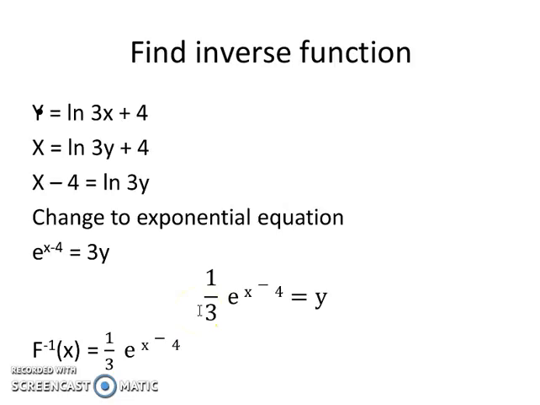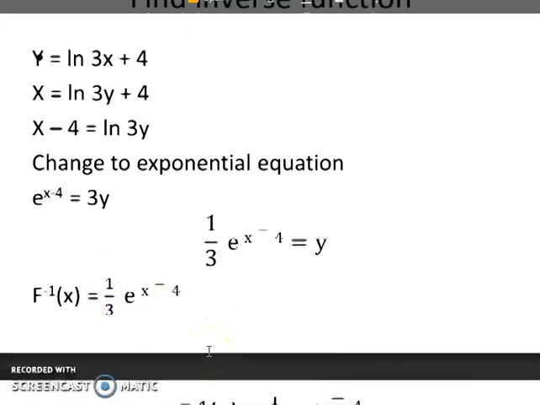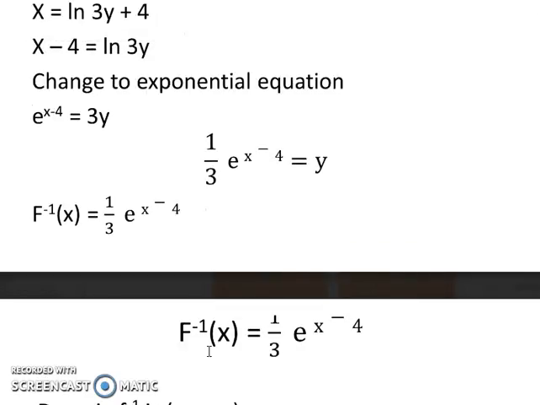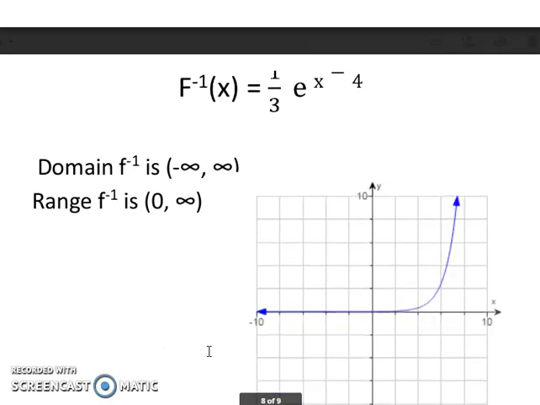Now we want to write it in a way that looks a little bit more like a function. So the inverse function is 1/3 e to the x minus 4. Just rewriting that inverse function for you.